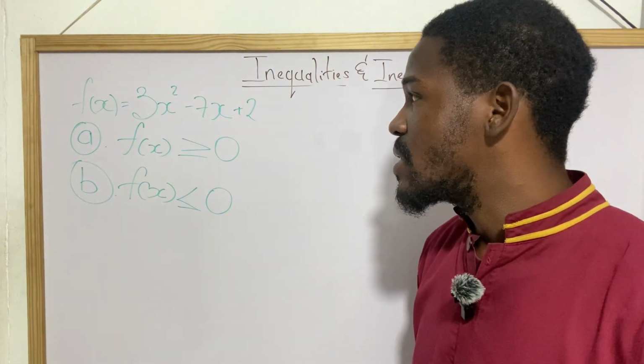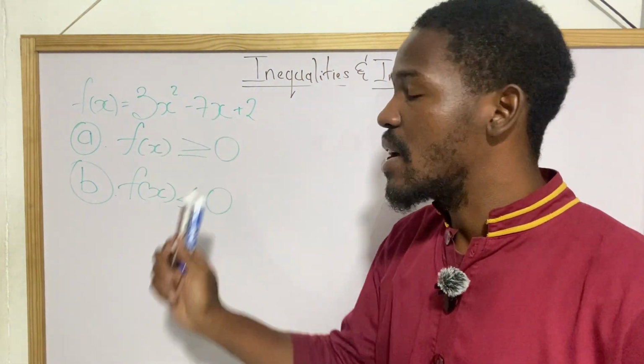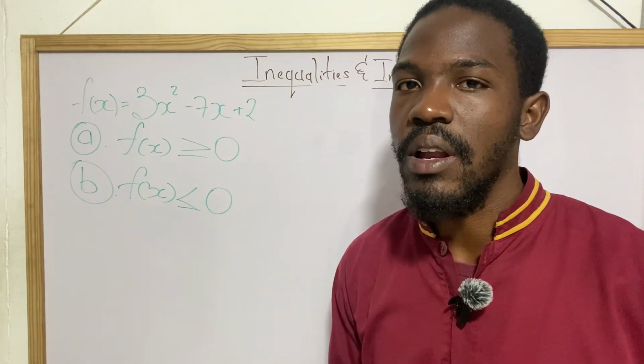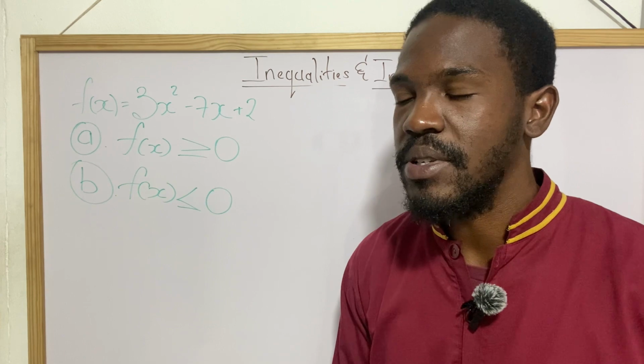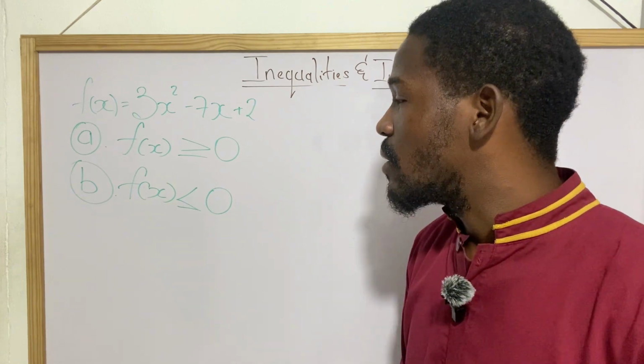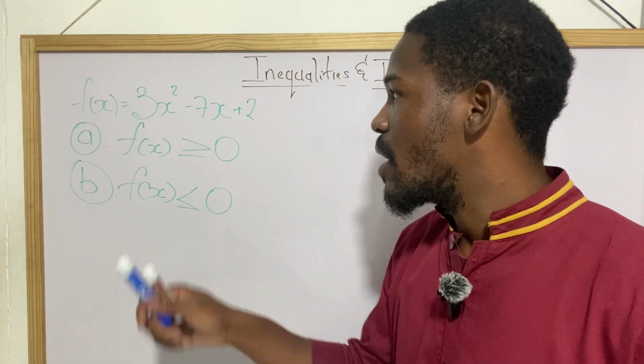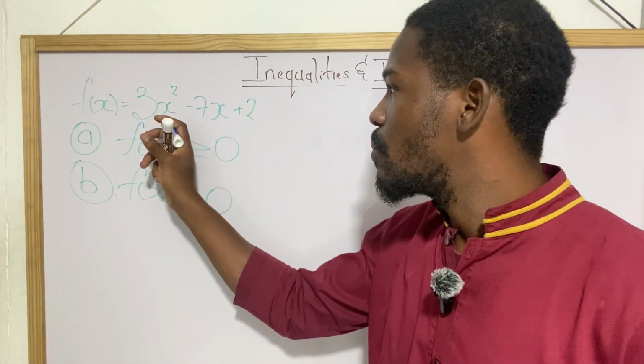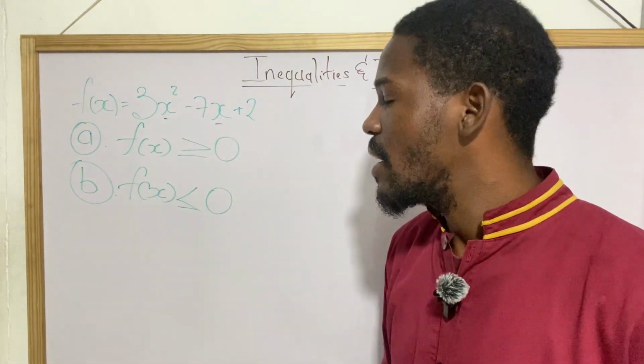The other thing I want to say is that we're going to treat this as an equation to start with. So we're just going to treat it as a regular trinomial equation when you're starting. And you will realize that we're going to have two values of x. So x is going to have two possible values, right?